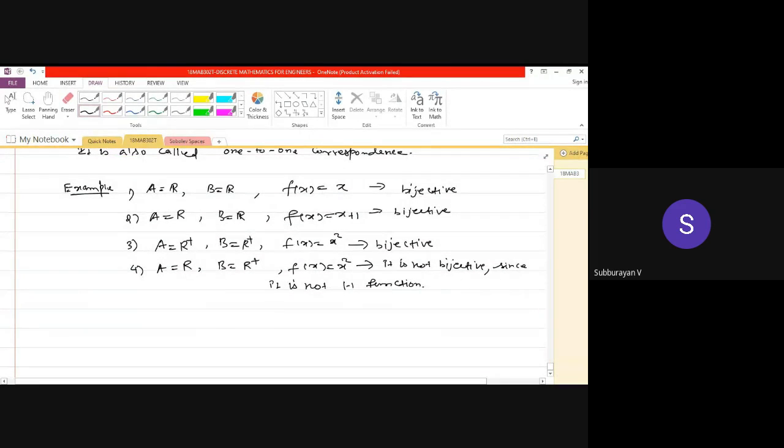Okay, next we move on to another definition, that is identity function.